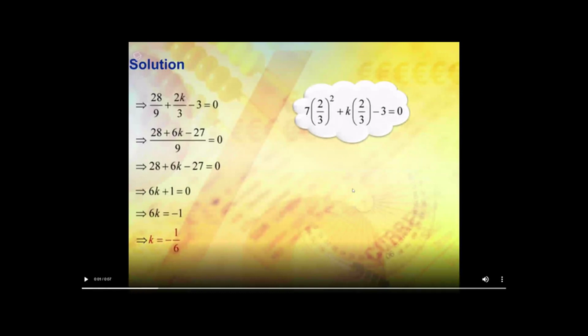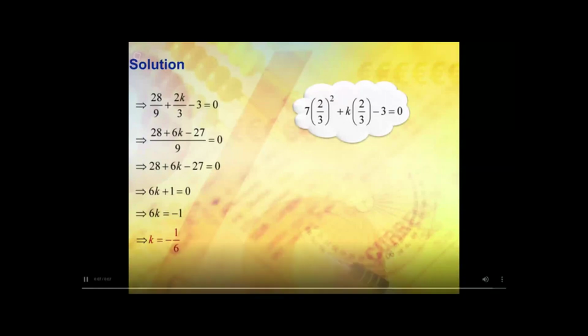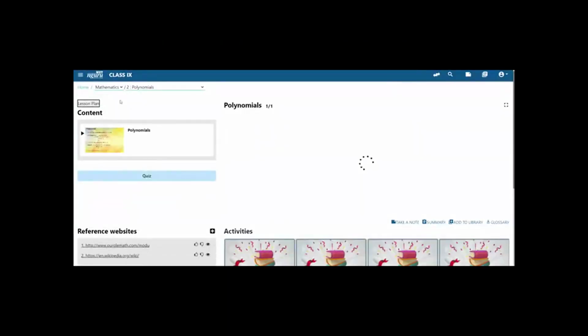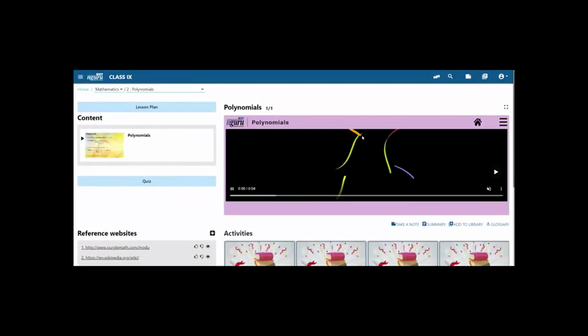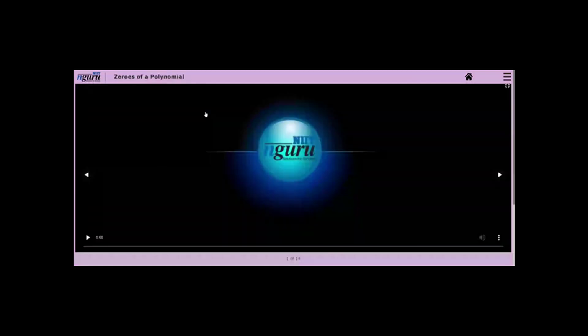On simplifying further, we get the value of k as minus 1 upon 6. Is that okay with you? Yes, ma'am. In a different paper, the answer is different, ma'am. I think your calculation was not okay. I got this answer only, ma'am.